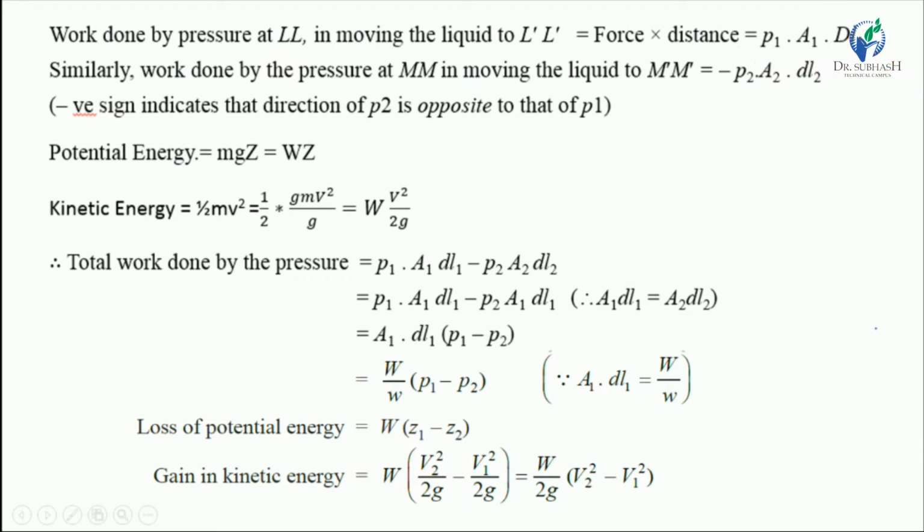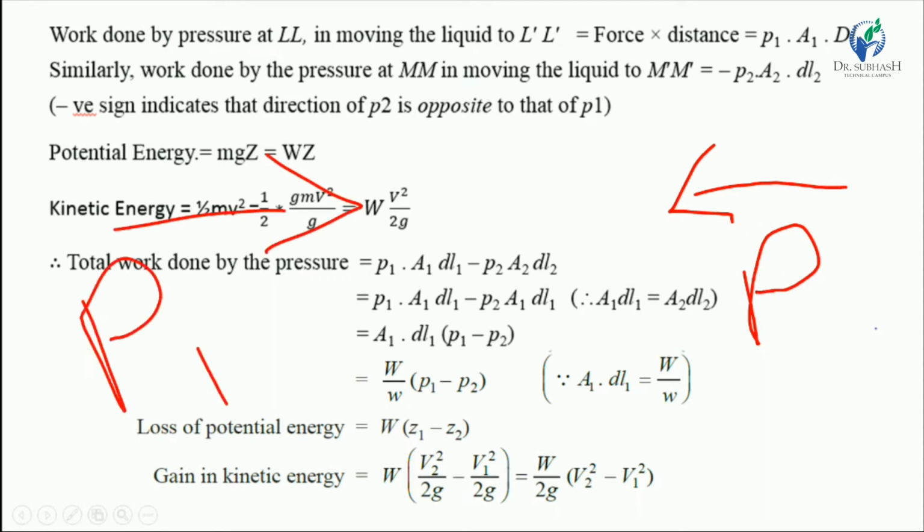Similarly, the work done by pressure at the MM section to move the liquid from MM to MM dash: the pressure force is P2 A2 and the distance is dl2, but the negative sign indicates that the pressure P2 is applied in the direction opposite to P1.